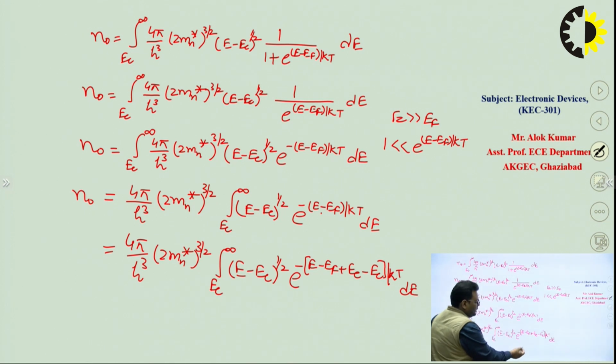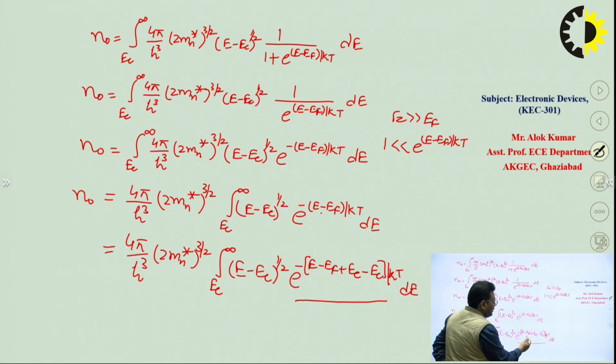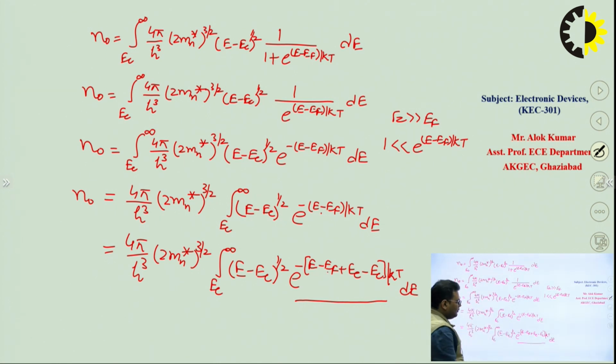Now we can modify this term and break it into two parts. One part will contain the E minus EC term, and the second part will contain the EC minus EF term. So we can break this exponential term into two parts, right?